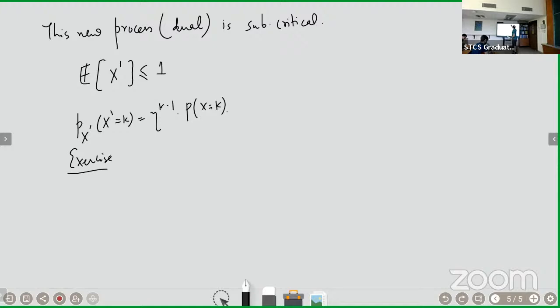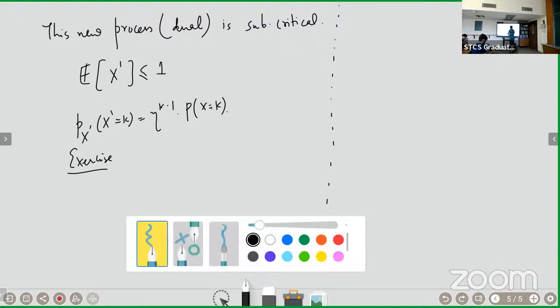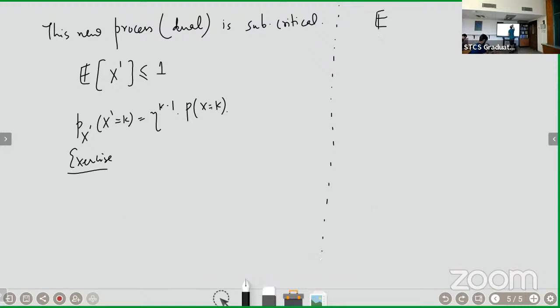Okay, so now you said something about given that we go extinct. What is the distribution? What now I want to say is about, suppose, go back to X. That's a supercritical process. We'll solve it.